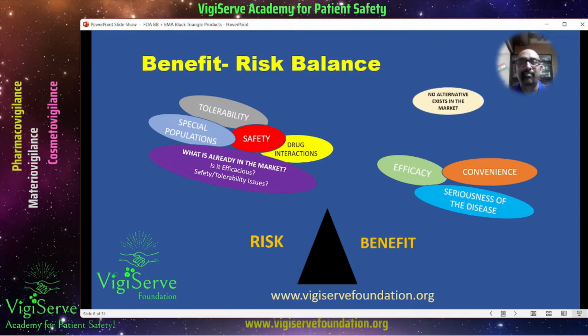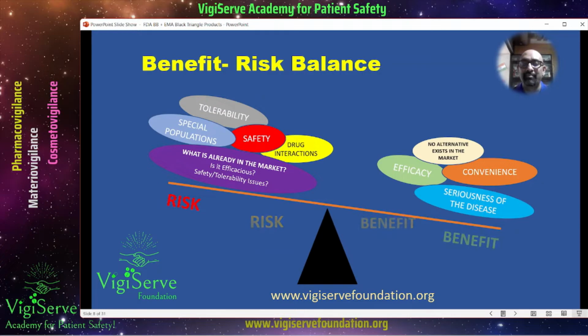Then do alternatives exist in the market? Same thing happened in COVID, where you didn't have any alternative in the market, so even that will work. So it's all about benefit versus risk. If the benefit is more, then you approve the medicine, and if the risk is more, you do not. Or if the risk is more after the product is approved, you may even consider withdrawing the product.